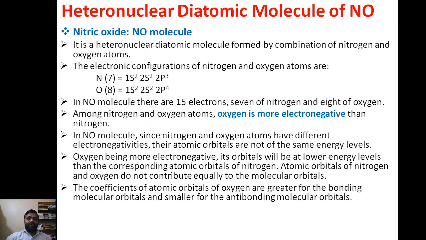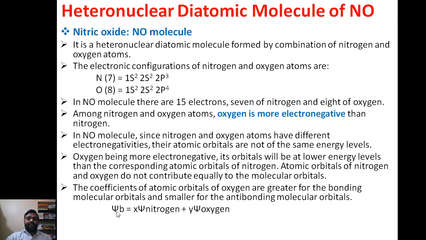Oxygen contributes highly to the bonding molecular orbitals because it lies at the lower energy level, and nitrogen, comparatively, contributes less to the antibonding molecular orbitals. I have to mention some equations.